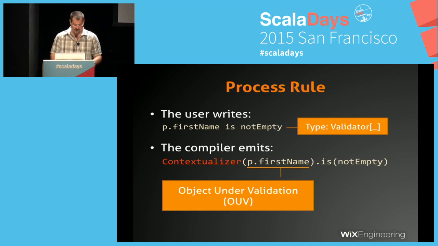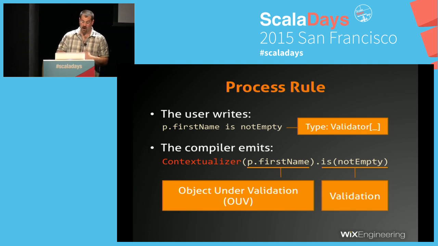Now, this actually gives me the ability to break down a rule into its two constituent parts, which is p.firstname is the object under validation. For this particular rule, what it deals with is p.firstname. And there's the actual validation rule, which is not empty. So because of the DSL, I have a nice entry point into my code that I can look for.